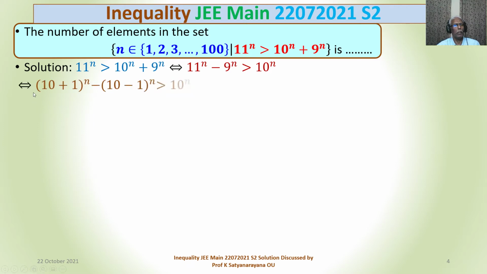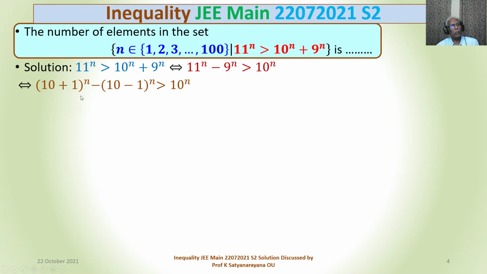This is if and only if (10 plus 1) whole power n minus (10 minus 1) whole power n greater than 10 power n, and we apply binomial expansion for both of them and simplify.